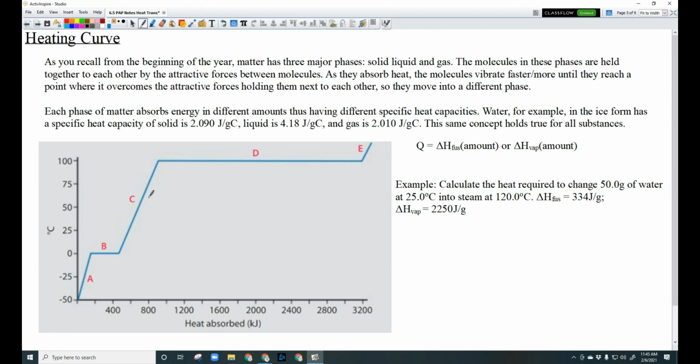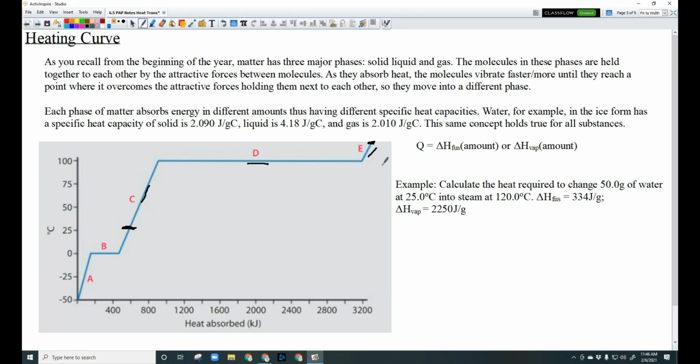So here's liquid C, at 25 degrees Celsius. We're starting right here, and going up to 120 degrees, somewhere above this 100, maybe right here. So we have this segment that's sloped, this segment that's flat, and this segment that's sloped. That includes our temperature range.